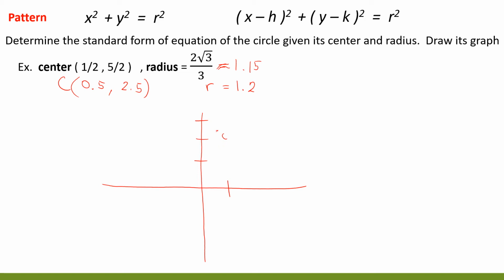Okay? Now, our radius is 1.2, meaning from here, we can move. So, for example, this is the next unit. So, between these two, 1 and 2, you have 1, move just a little to get 1.2.